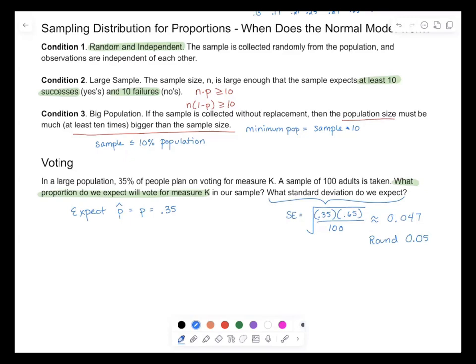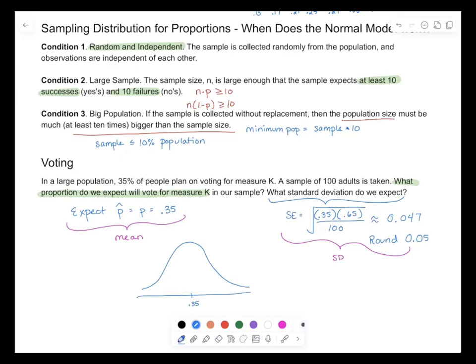Now that I have that, remember that this is like my standard deviation, and this is like my mean. So with those two things, I can build a distribution curve. So if I think about what's going to happen with this sample, well, probably it should be about 0.35, but it might be a little bit bigger, and it might be a little bit smaller.